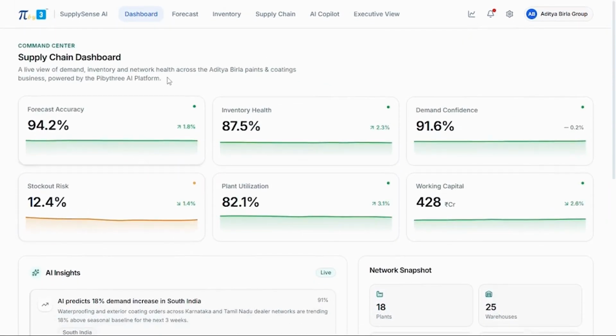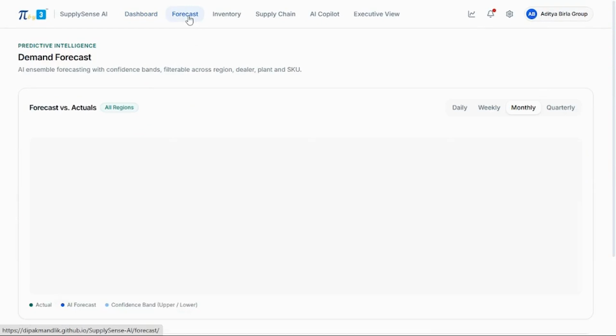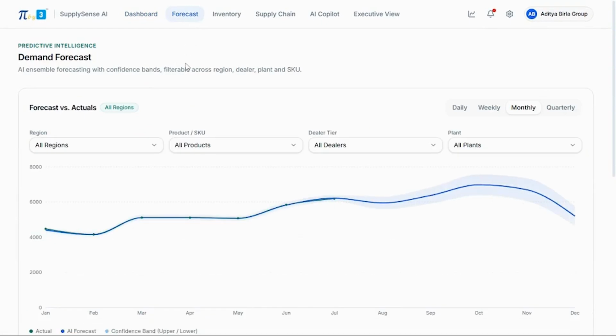Let's move towards the next step, forecast. The demand forecasting applies AI models to historical sales, seasonal trends, and operational data to generate future demand forecasts. Users can analyze forecasts by product, region, warehouse, customer segment, or business unit.